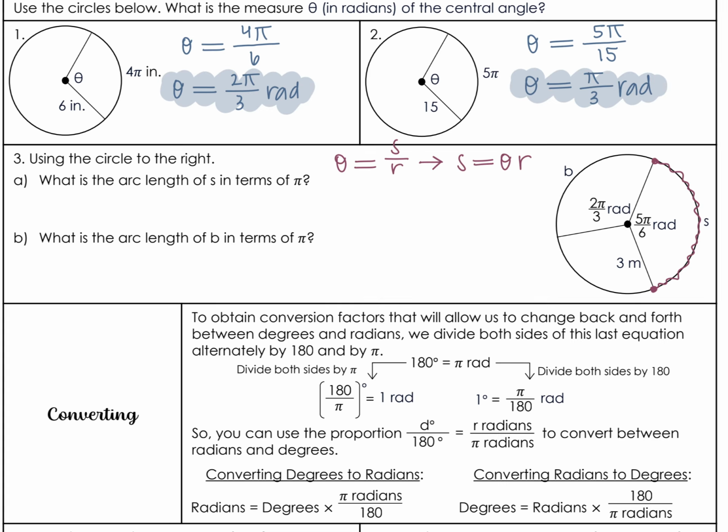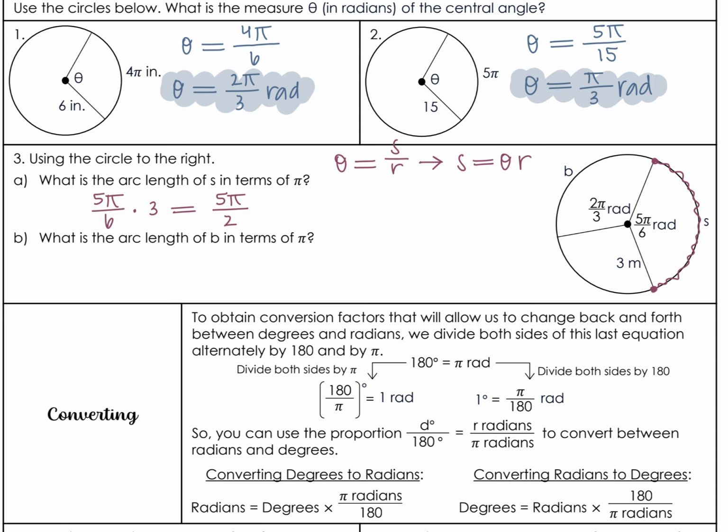Okay, and so plugging into it, we would have that 5 pi over 6 radian times my radius of 3 will just be equal to 5 pi divided by 2.